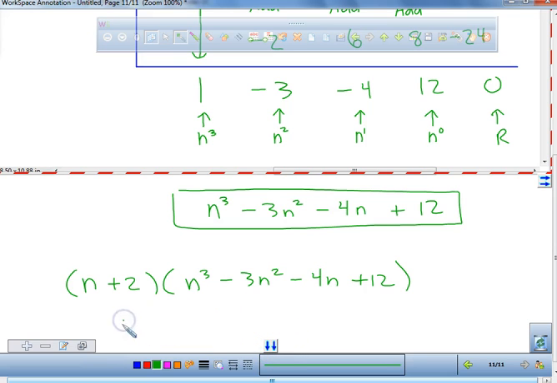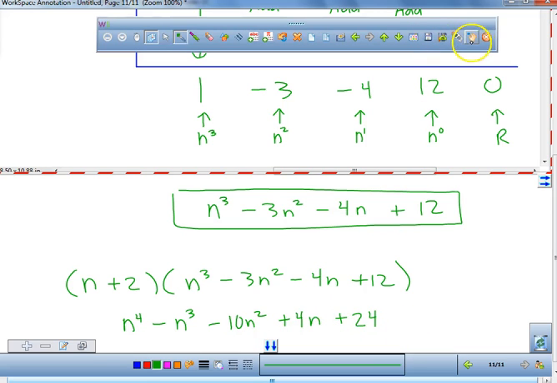It would be n to the 4th minus n cubed minus 10n squared plus 4n plus 24. These two factors multiplied together give us our original problem.